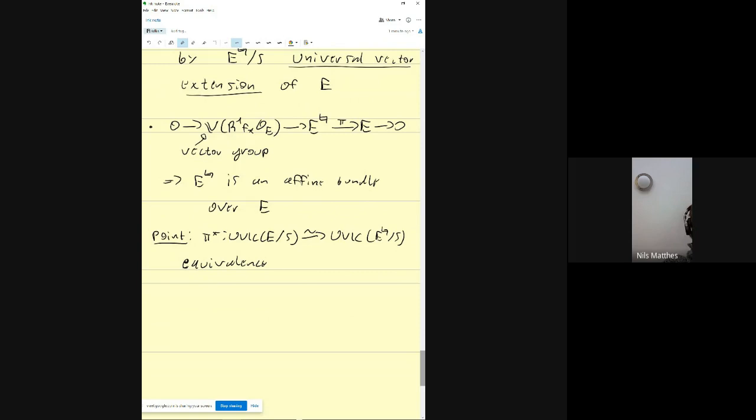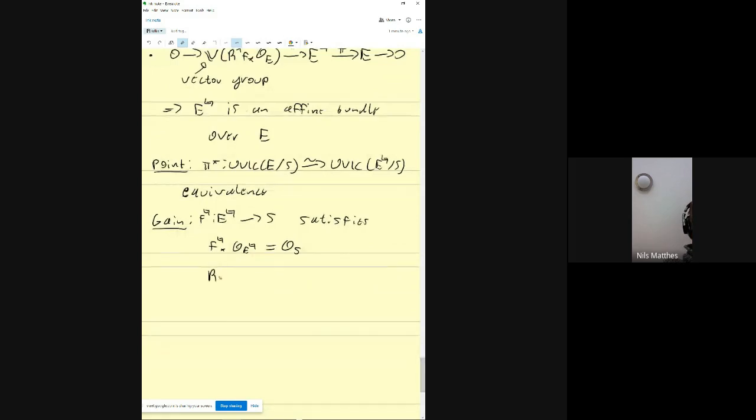But the gain is that the universal vector extension, I'll denote the structure map by f natural, satisfies Deligne's good conditions. So in fact, it satisfies the relative analogs of Deligne's good conditions.